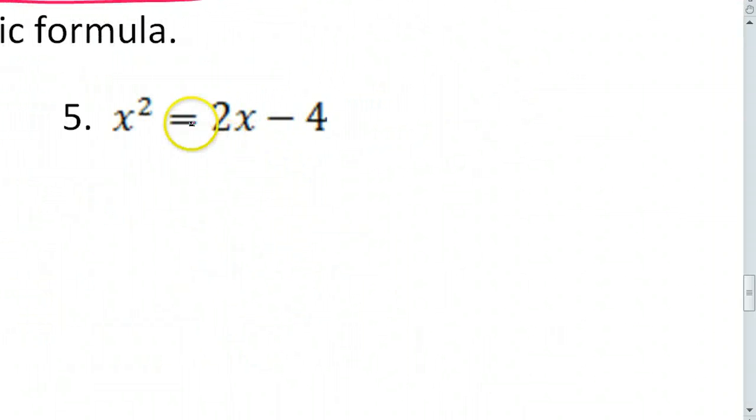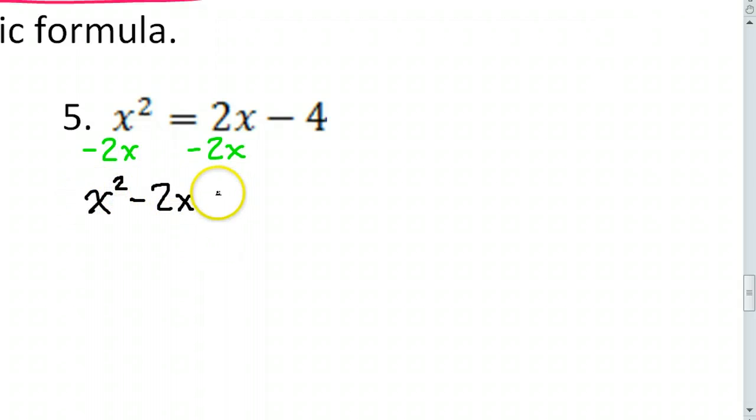Okay, so number 5. We need all of this stuff to be on one side. So you can either subtract x squared from both sides, or you can subtract and add these two things. I feel like putting all this stuff on the left, so that's the way I'm going to do it. Alright, so I'm going to subtract 2x from both sides. Okay, so far that would give me x squared minus 2x is equal to negative 4.